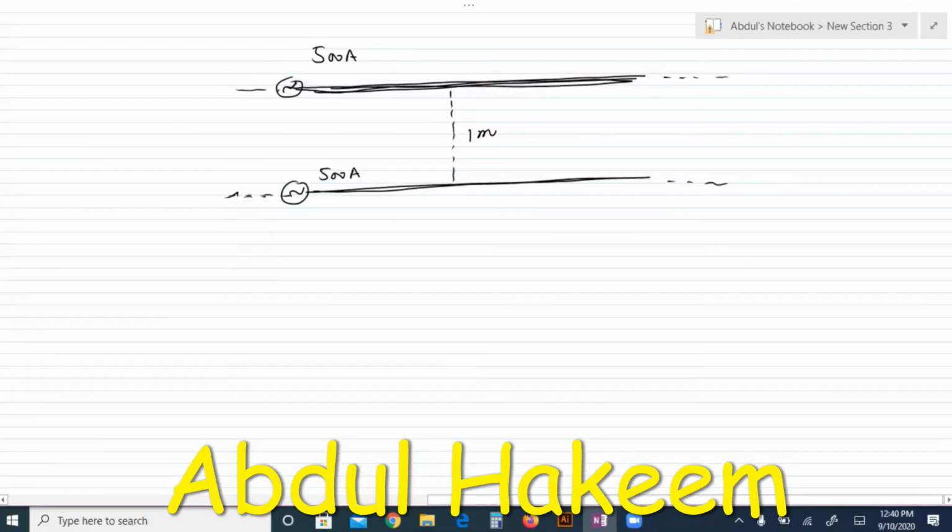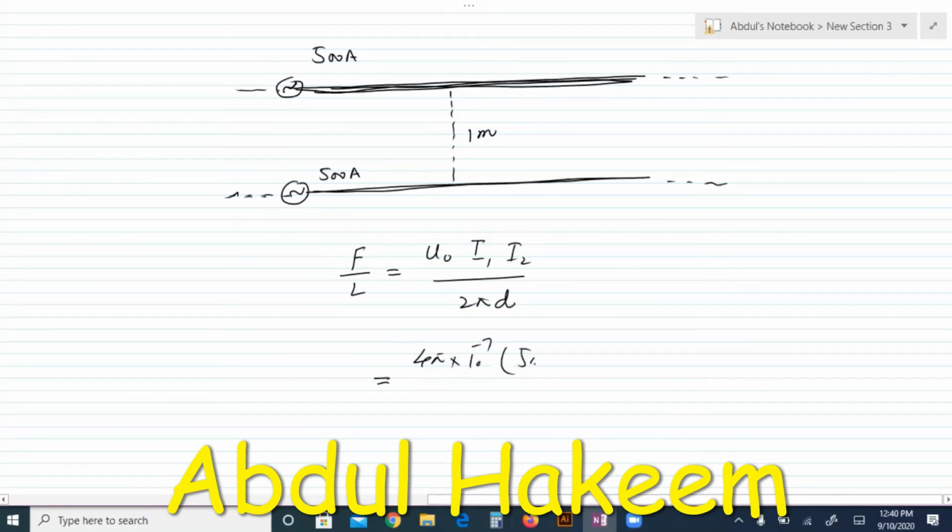When you calculate the force of attraction or repulsion per unit length, the formula will be μ₀I₁I₂ / 2πd. So μ₀ is 4π × 10⁻⁷. This is 500, this is 500, divided by 2π d = 1. The π is cancelled, and the 2 cancels.